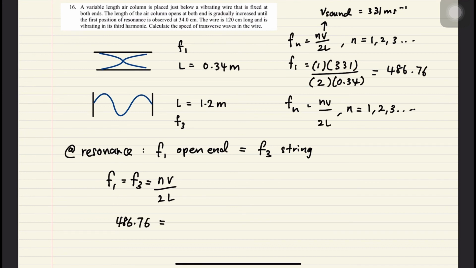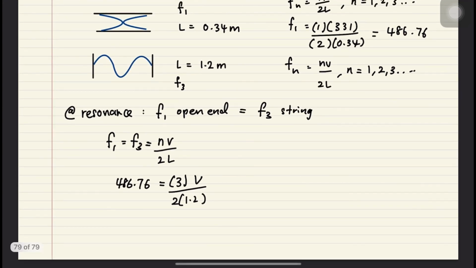This is n equals to 3, the third harmonic. And the L is given, so it will be 1.2. So if you calculate the V, 389.41.